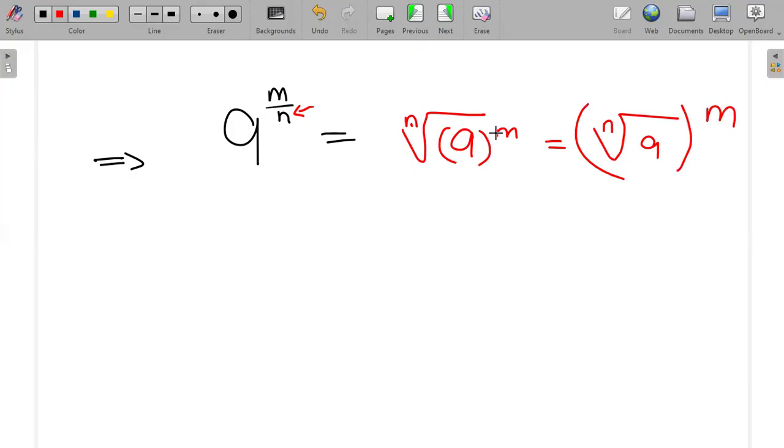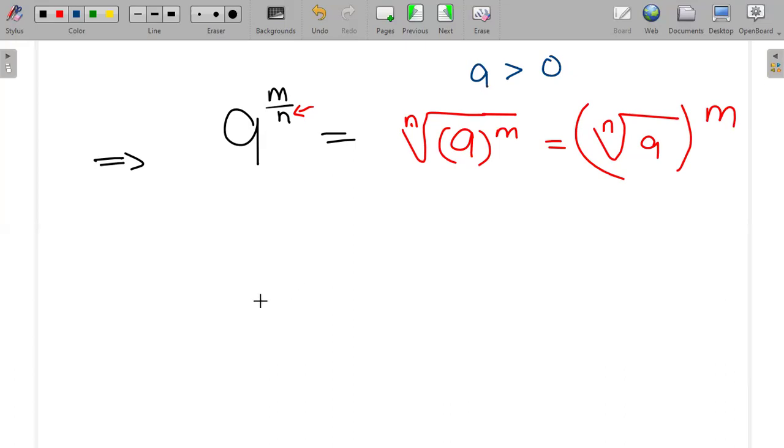So you can put the m inside like that, or you can actually put the m outside like that. It is perfectly okay, it's the same. So this rule just requires that the a is actually what? Greater than 0. So a should be a number that is greater than 0, because we know that we can't find a root for a negative number.